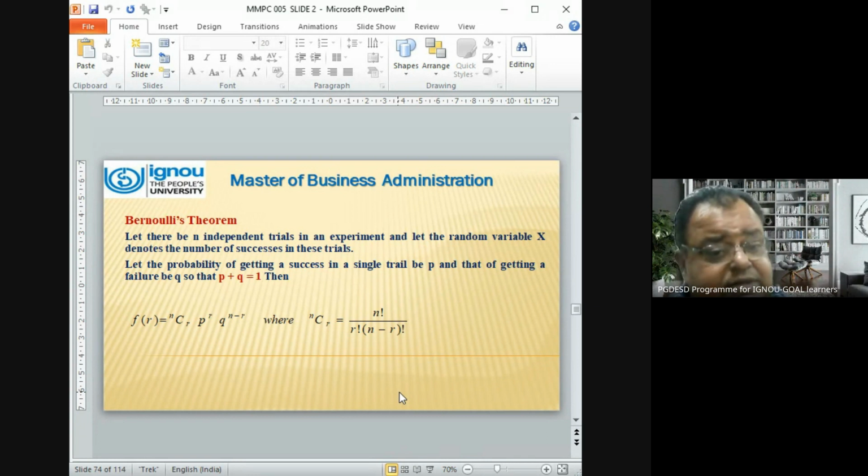Now the question is how to solve this nCr. nCr is n factorial upon r factorial into n minus r factorial. Remember one thing, 0 factorial is 1, not 0. Zero factorial is what? 1. It is not 0.